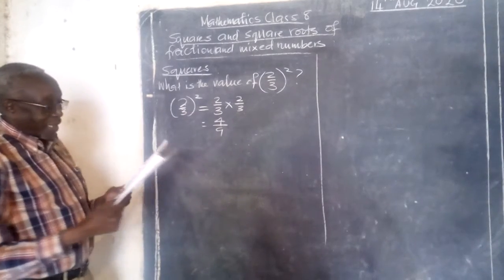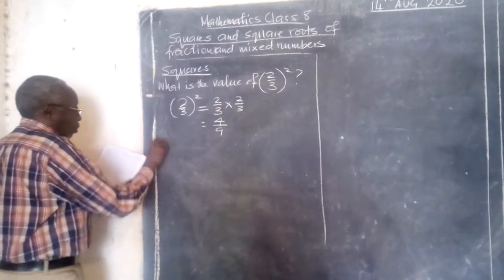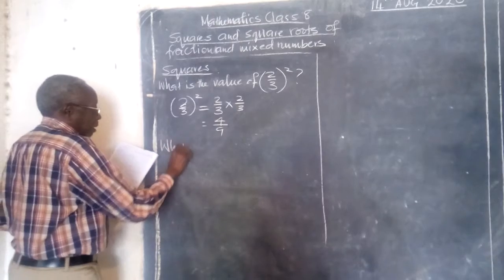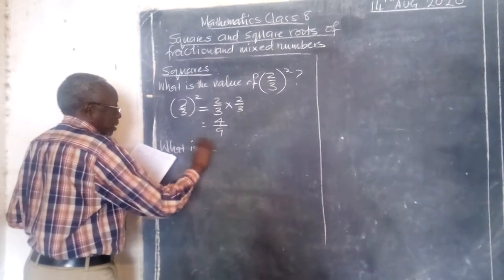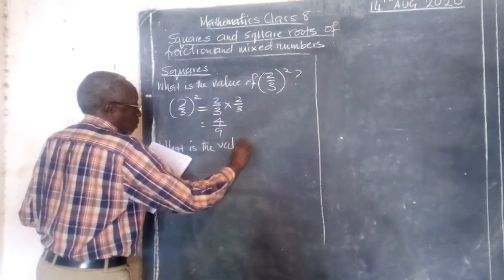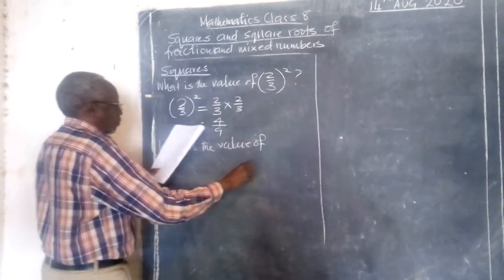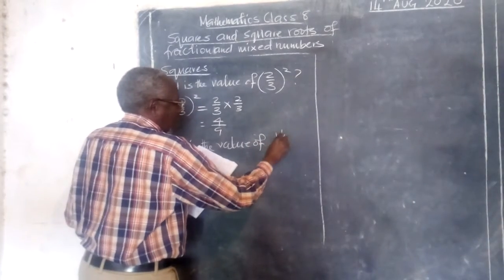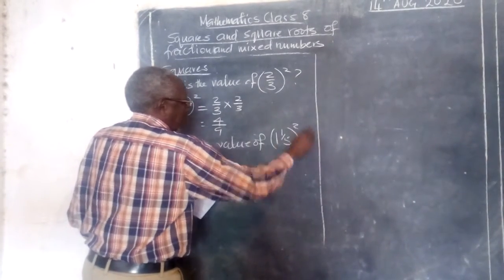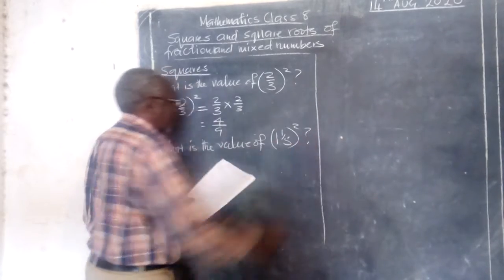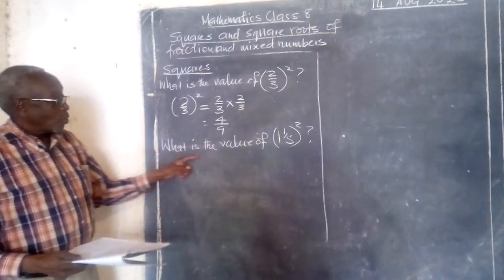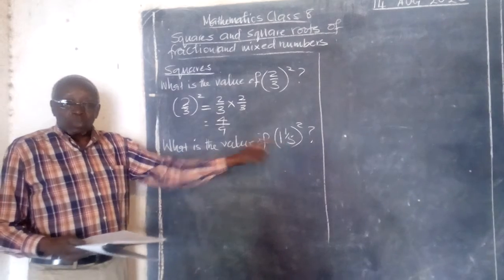Alright? Now, the next one is, what is the value of 1 and 1 over 5 in brackets squared? This is now saying what is the value of this mixed number when it is squared.